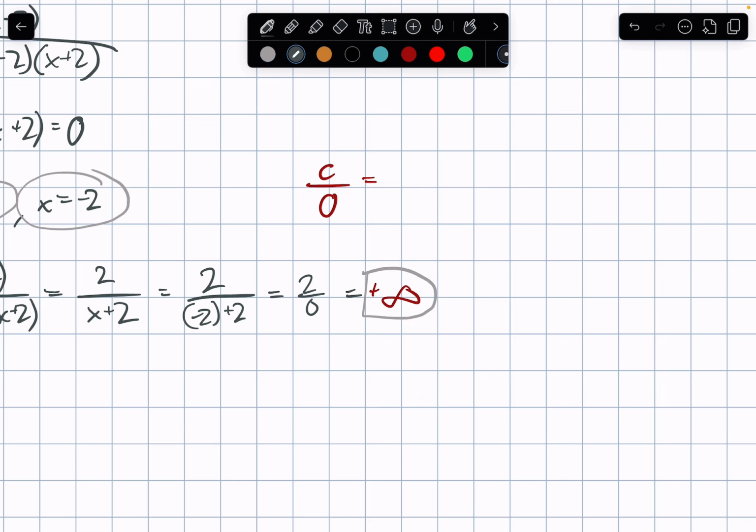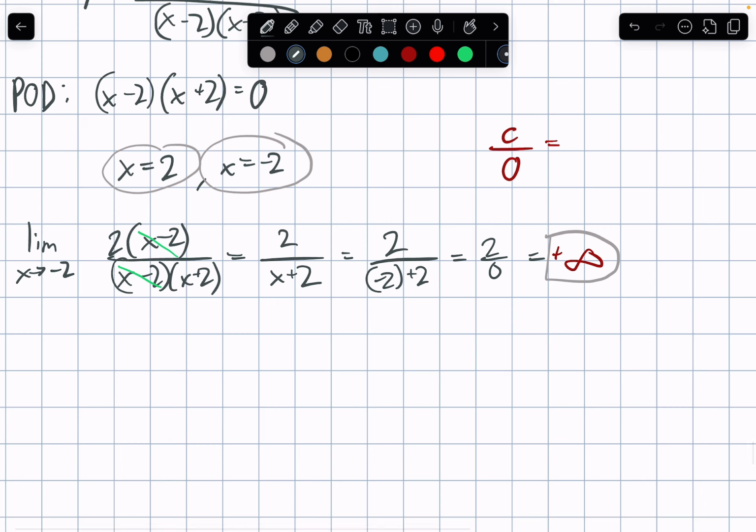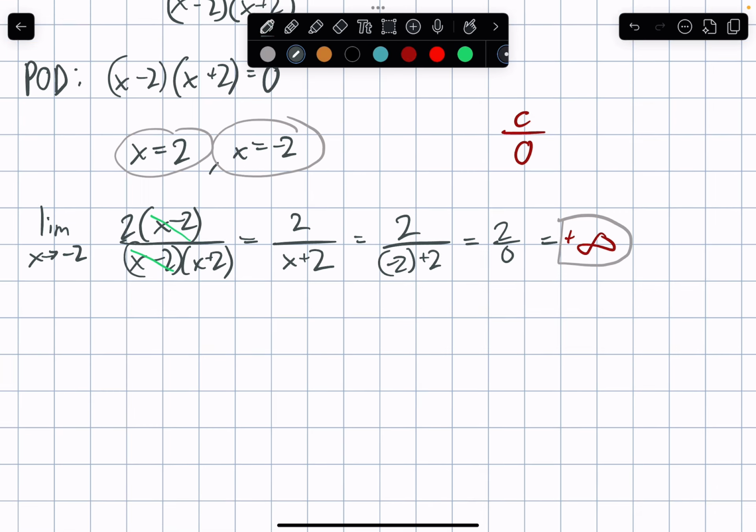So that's just the way it is. If you see something like this, it's automatically positive infinity. So that's just in general.